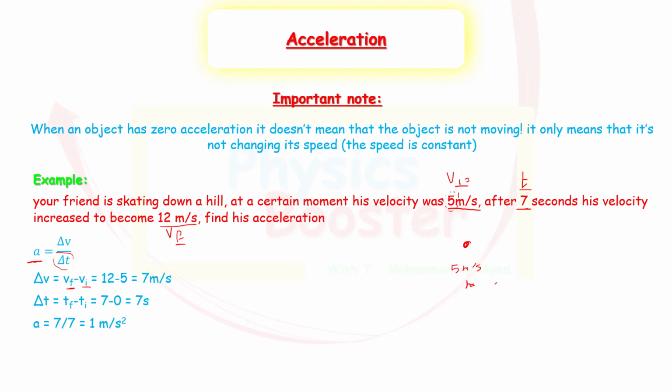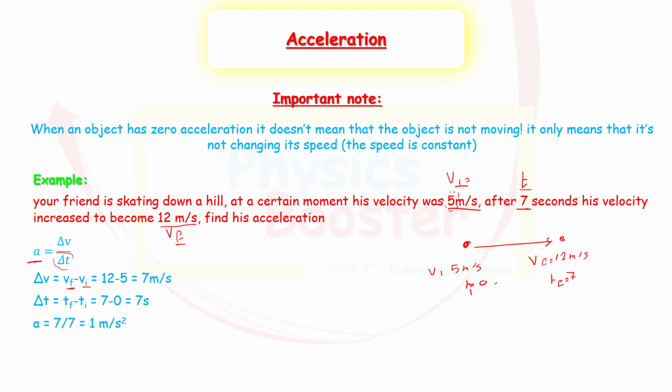Time was 0. Okay, there was no time counting yet. After a certain amount of time, the velocity here became 12 meters per second, and it took 7 seconds. So I can say that here the final time is equal to 7, here the initial time is equal to 0, here the initial velocity is equal to 5, and here the final velocity is equal to 12.